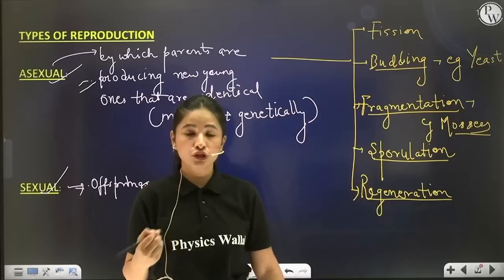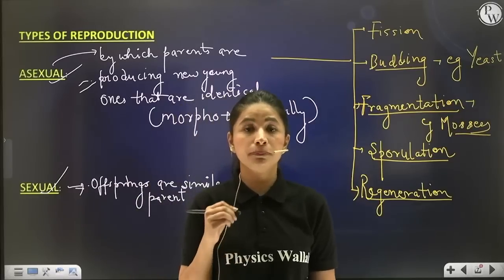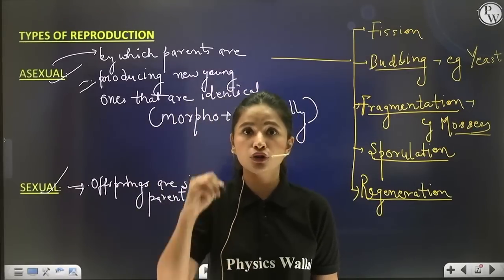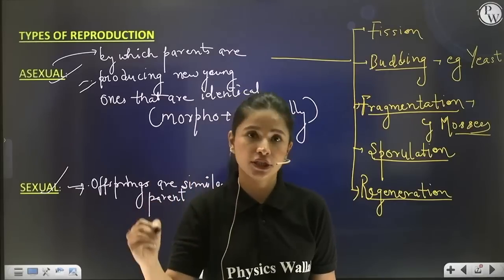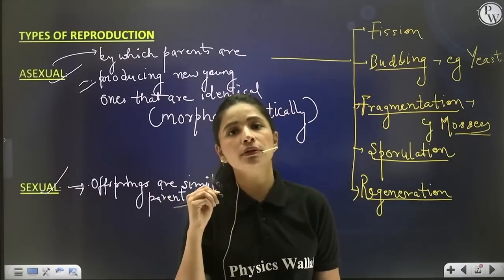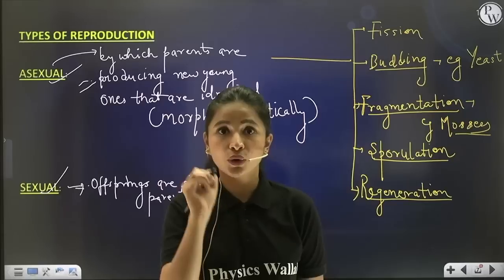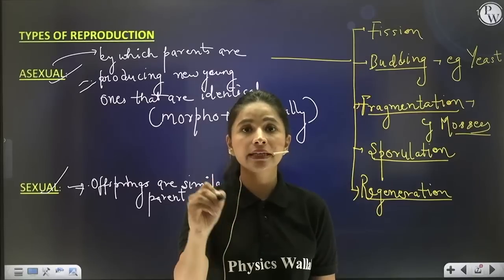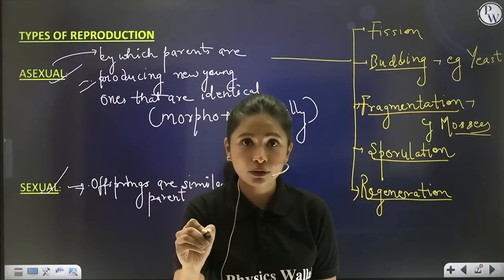Regeneration, which you observe in case of one of the platyhelminthes, that is planaria. Planaria shows true regeneration, and this is one of the methods of asexual reproduction. Bachcho, this question has been asked frequently in NEET. What is that question?